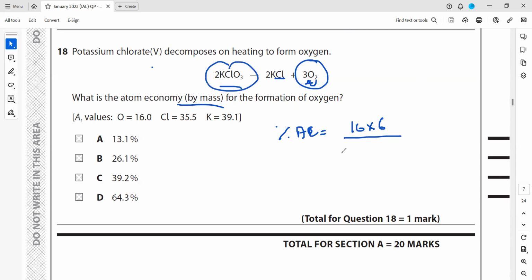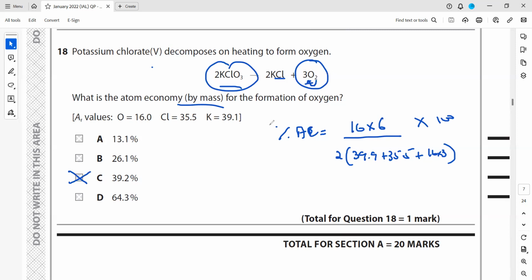So the total mass of the reactant will be 2 multiplied by potassium 39.9 plus chlorine 35.5 plus oxygen 16 multiplied by 3, and then the whole is multiplied by 2. And this answer multiplied by 100 will give us the percentage atom economy. So it will be 39.2, or C will be the right answer.